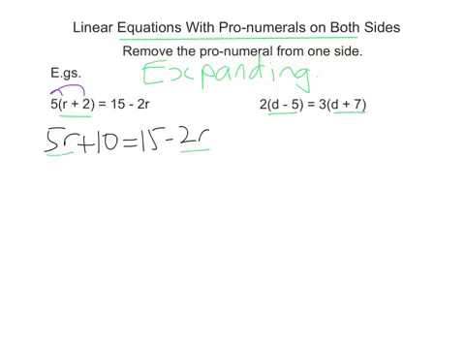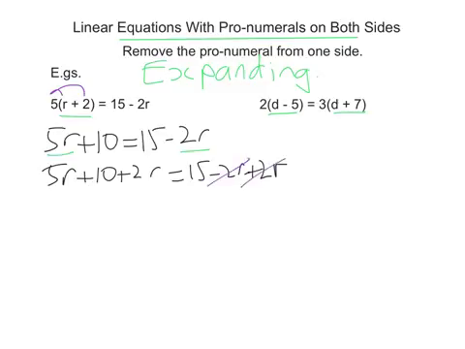So to get them together, I'm going to add 2r to both sides. Always do things to both sides. When I do that, the 2r on the right hand side equate to 0, leaving just 15. And that means on the left hand side I've got 5r plus 2r, which is 7r plus 10.